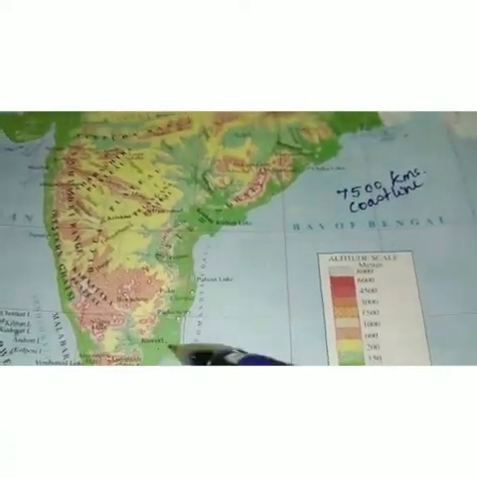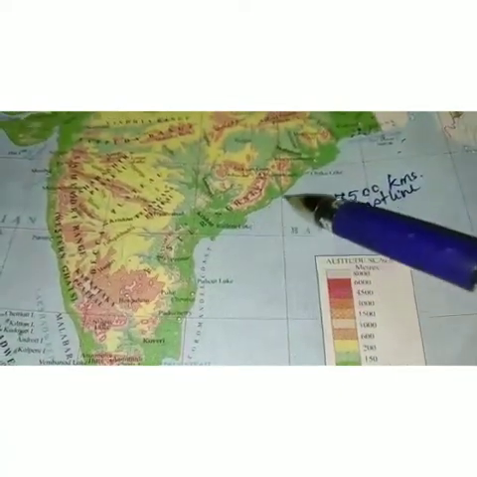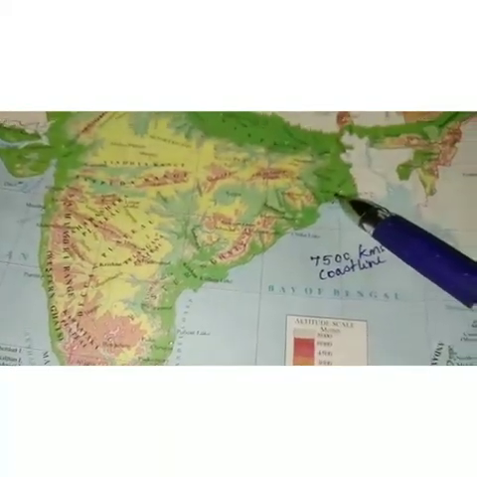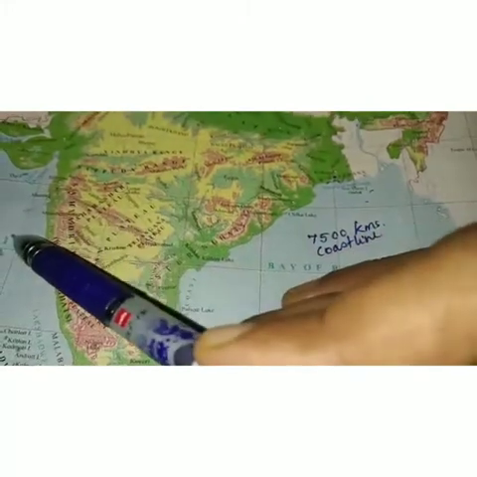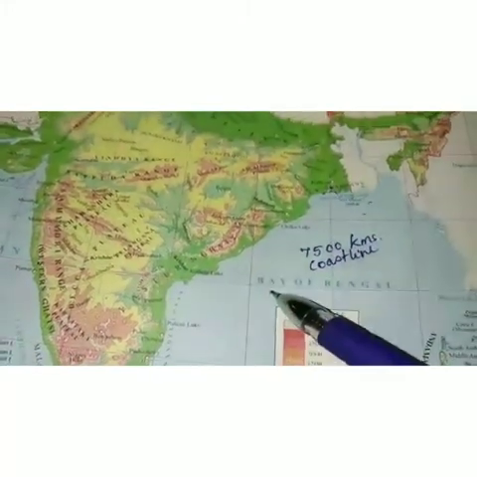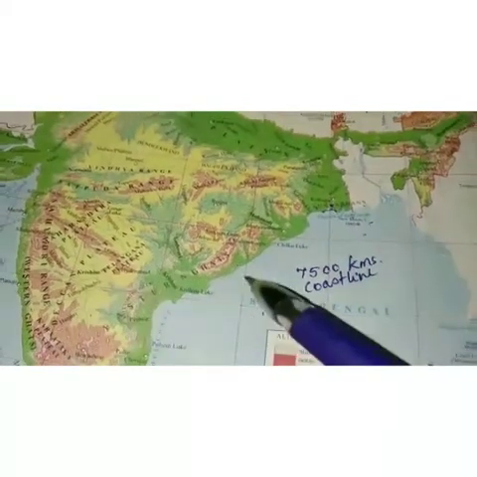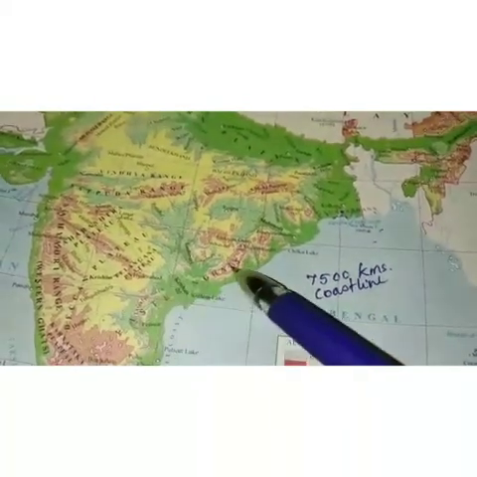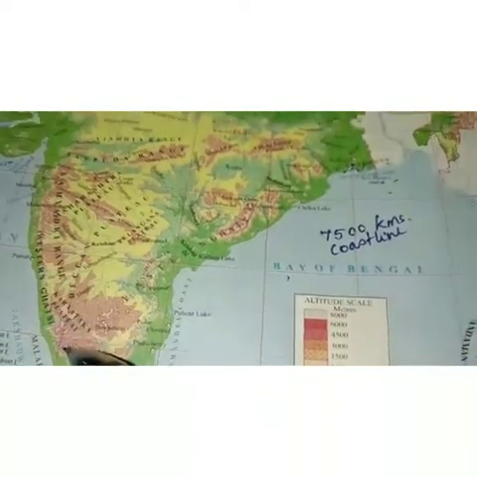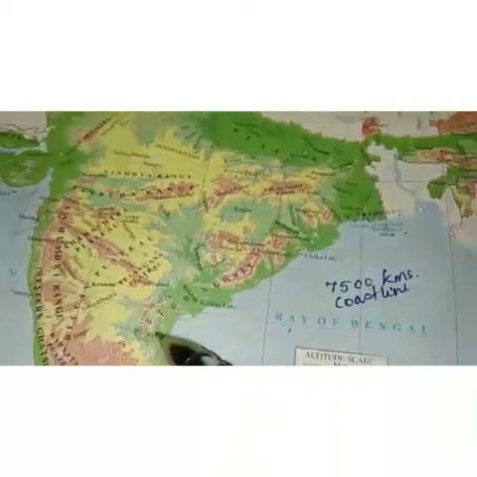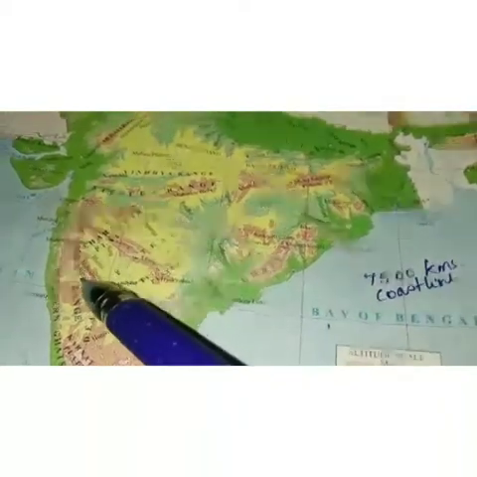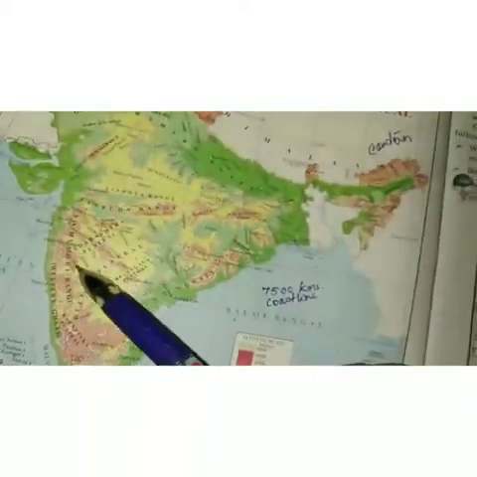The Western Coastal Plain borders the Arabian Sea, whereas the Eastern Coastal Plain borders the Bay of Bengal. The Western Coastal Plain is a narrow rocky coast with a steep slope, and the rivers flowing through it are short and swift.